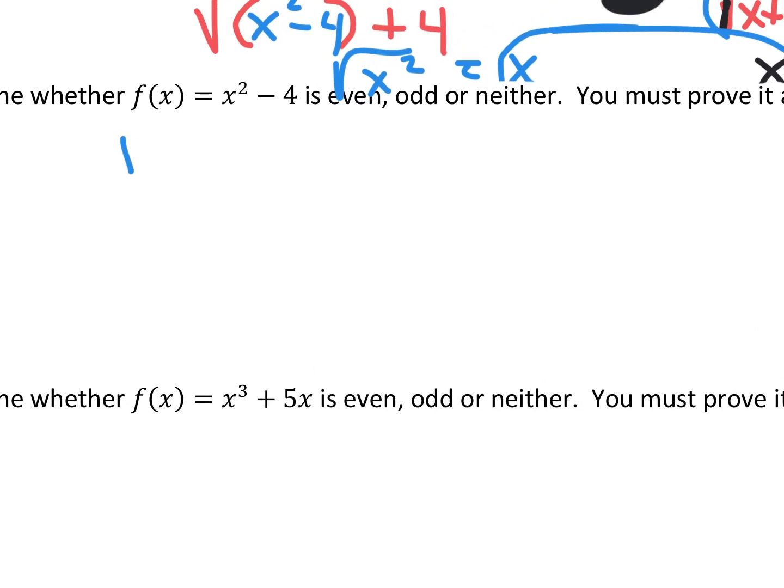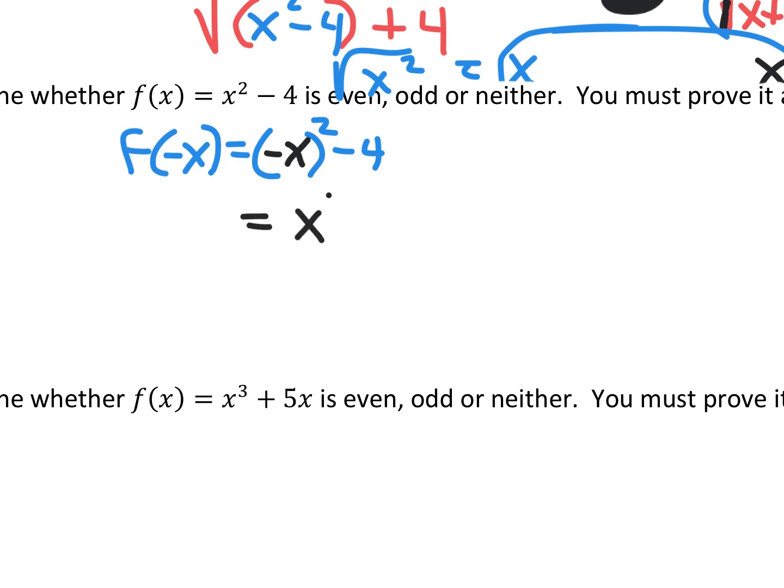All right, so make it eat a negative x, f of negative x. And wherever x was, I make it eat a negative x. Now, do you get that the negative in there is going to cancel off and I'm back to x squared minus 4? Then you're going to finish up and go, wait a minute, that's the same exact thing it was before.